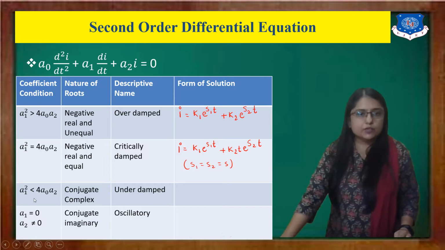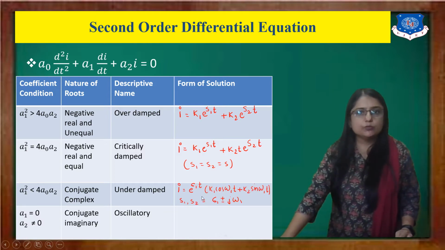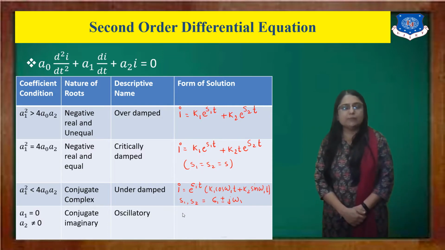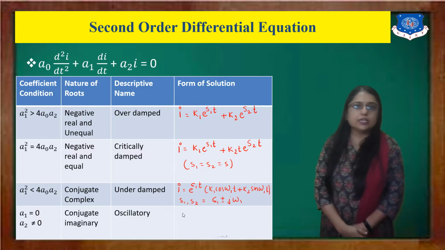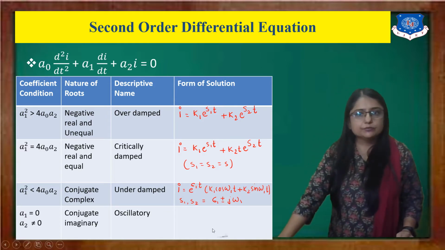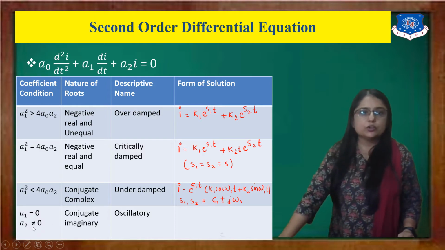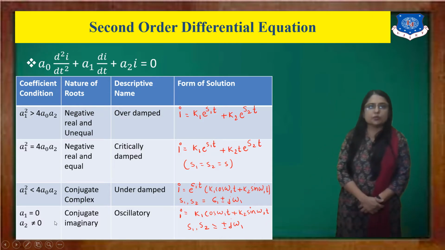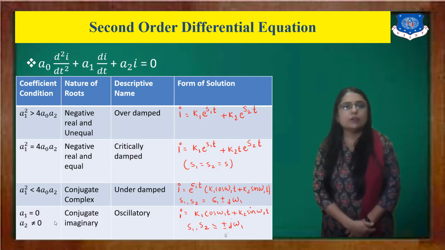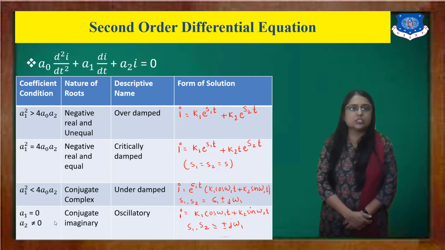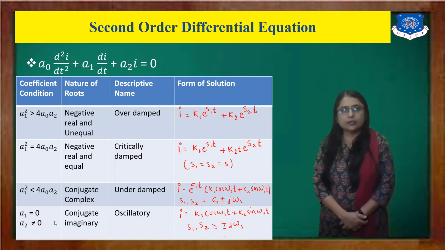Third, A1 square is less than 4A0A2, and the solution is i equal to e raised to sigma 1t into K1 cos omega 1t plus K2 sin omega 1t. The last case is where A1 is equal to 0 but A2 is not equal to 0. For that, the solution is K1 cos omega 1t plus K2 sin omega 1t, where the values of S1 and S2 are plus or minus j omega 1.